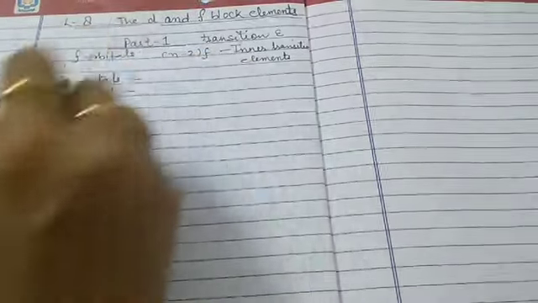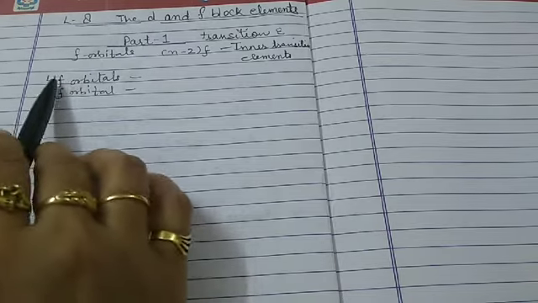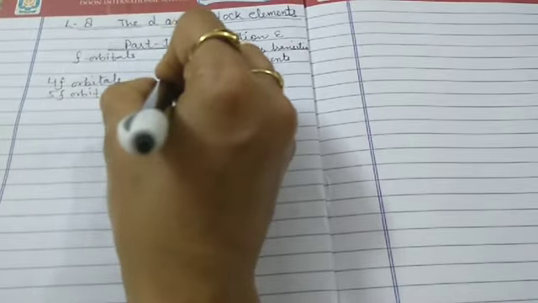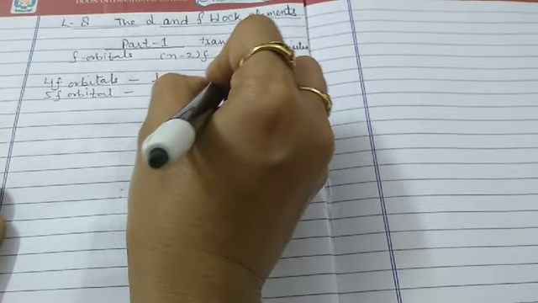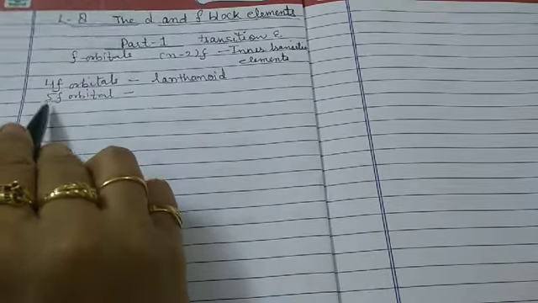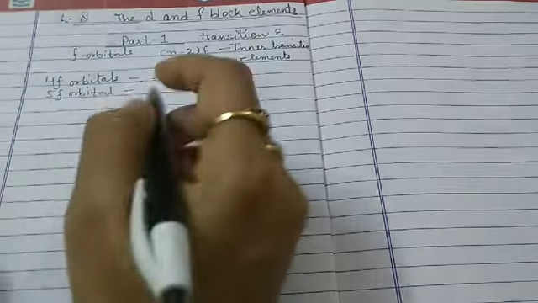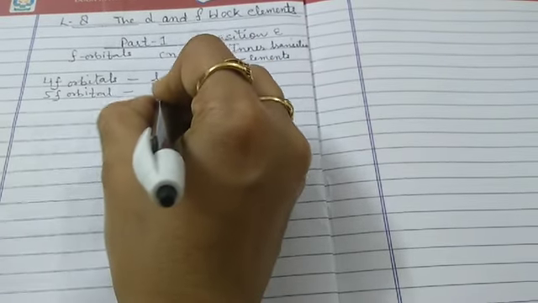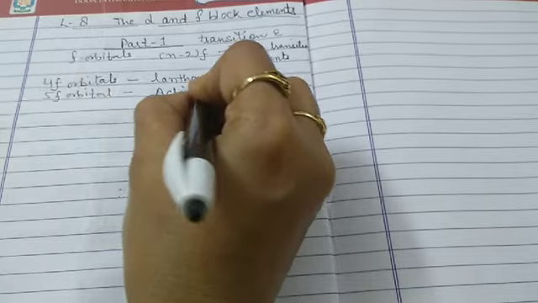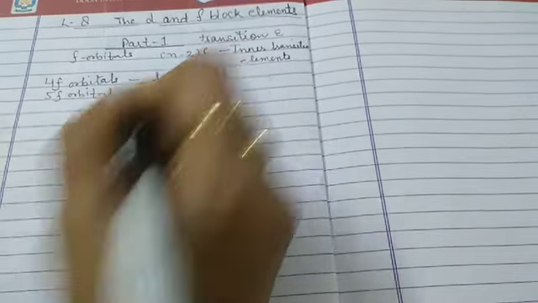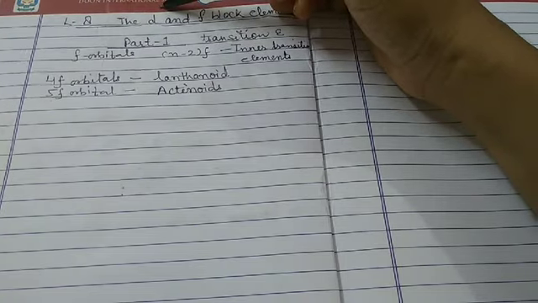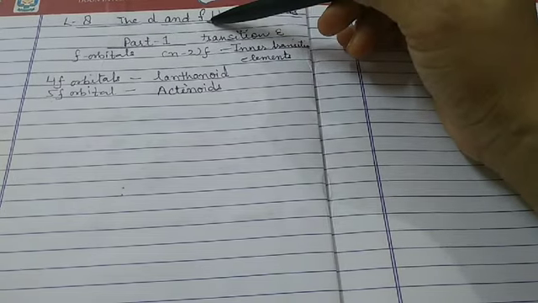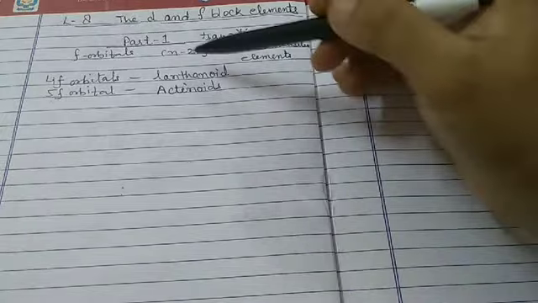When the filling of the 4f orbitals takes place, the series is called the lanthanoids, and when there is a filling of the 5f orbitals, it is known as the actinoids. So in this chapter we study the D block and the F block elements.